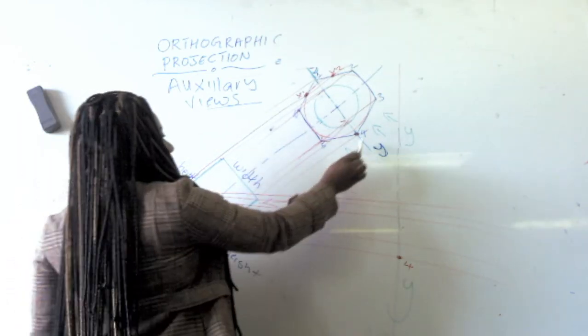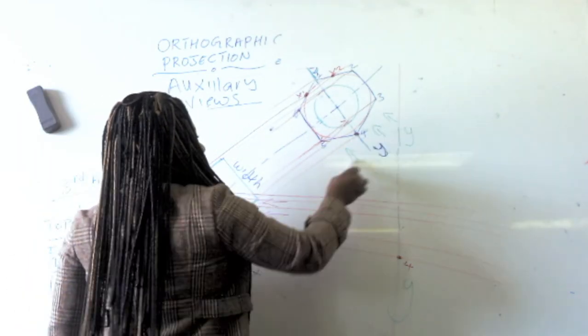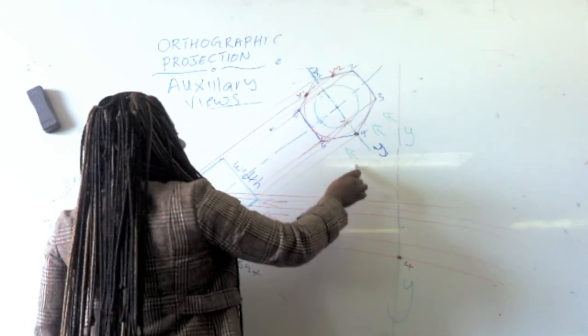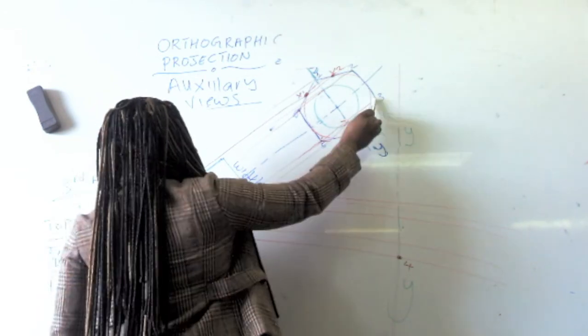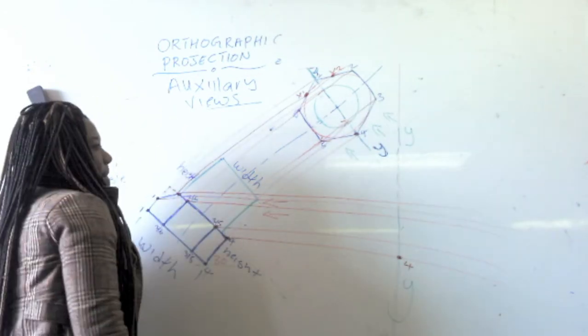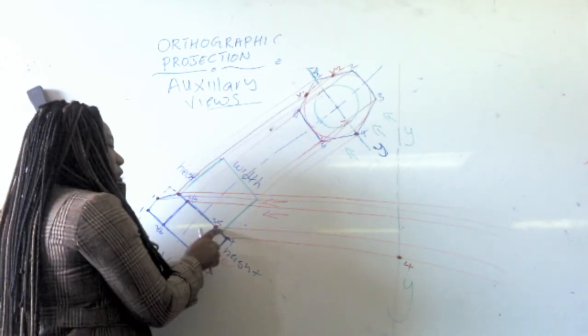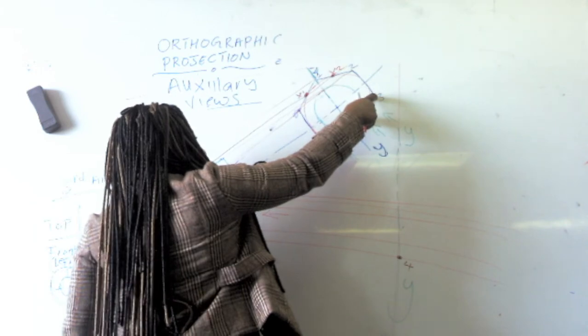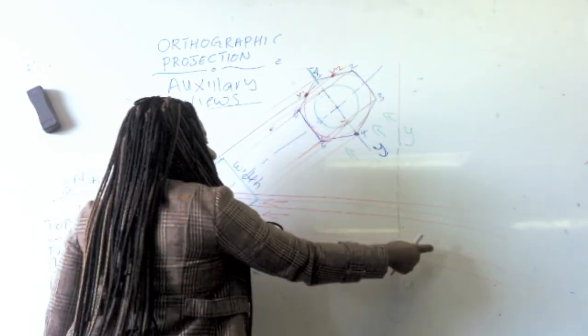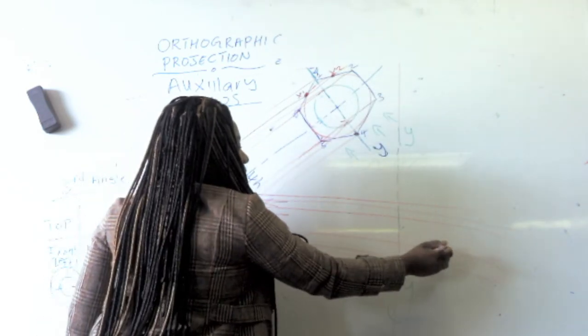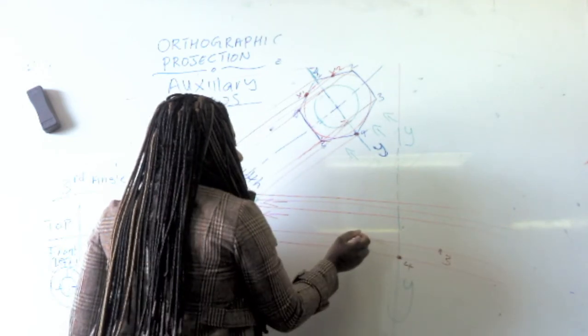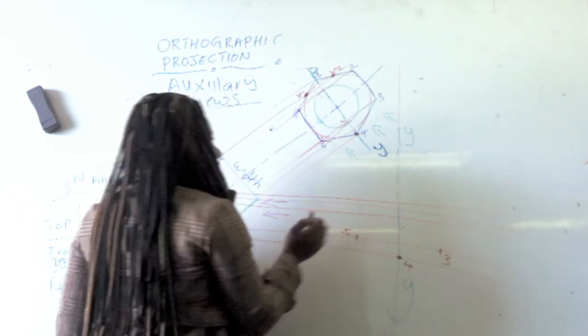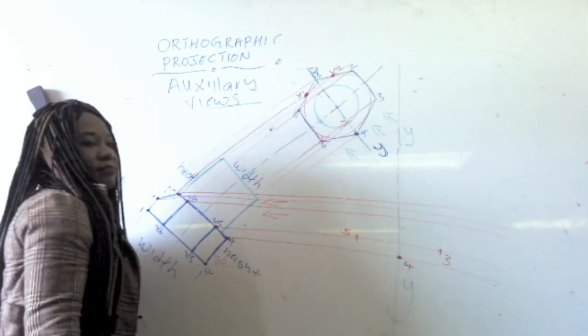You see the arrows. Assume these are your eyes. Between number 5 and number 3, which one is on your right hand side? Number 3. Good. So when you go with this line and you take that distance from the Y line, you need to take that distance and place it here and mark number 3 on the right and mark number 5 on the left. Can you see? 5 is on the left.